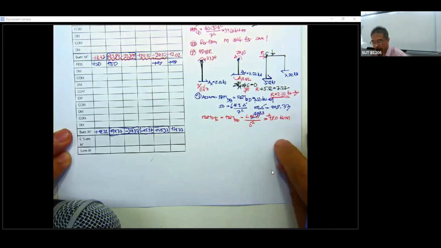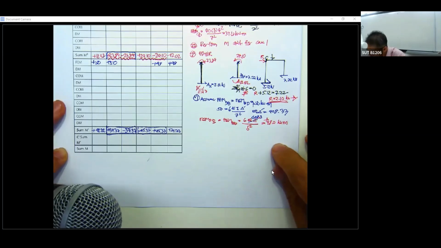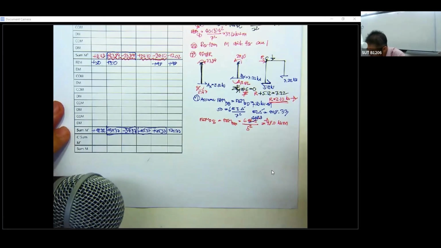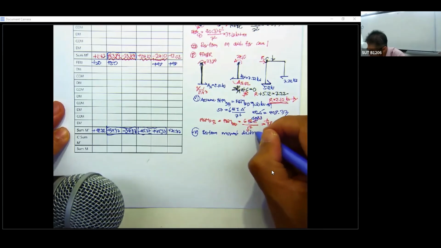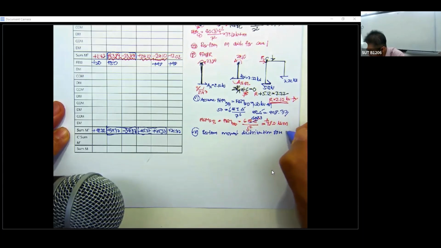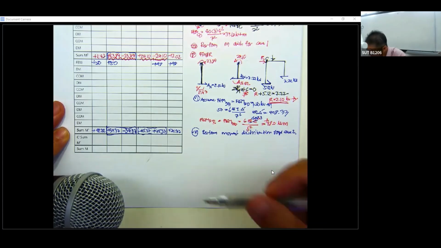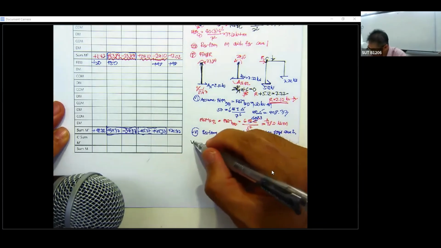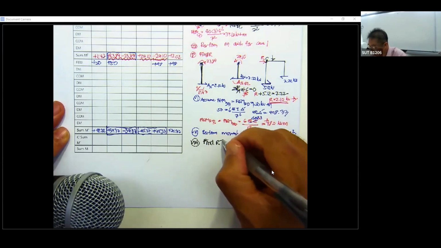And further, number 7, you perform moment distribution for case 2. Okay, and you go further. Number 8, you find palm.